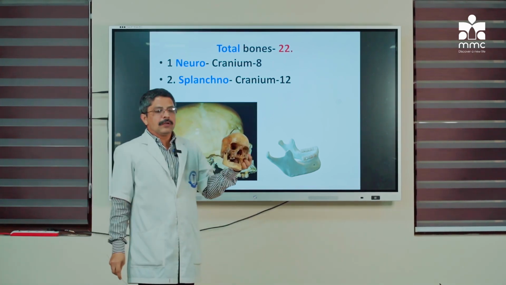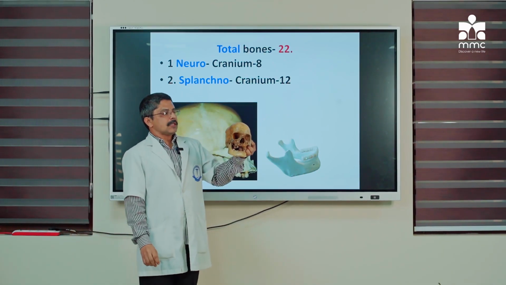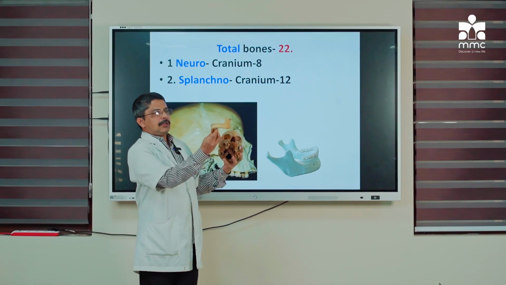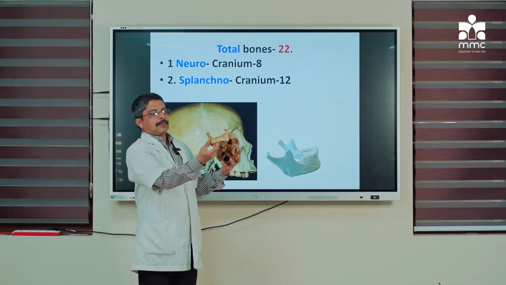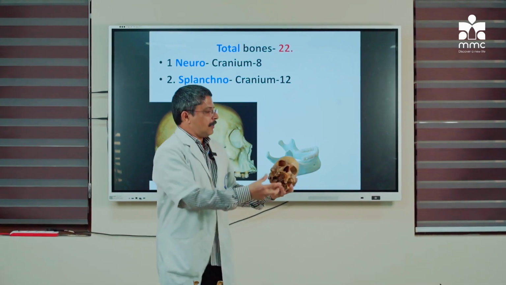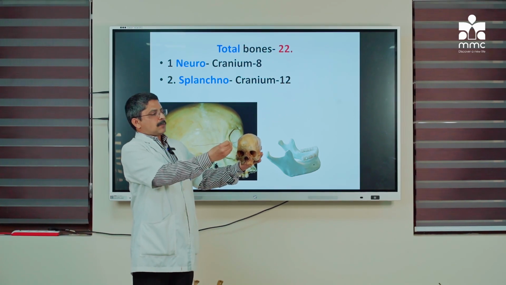And coming to the location of bones in the skull as well as their names. This is the individual bone called the mandible. So I will keep it inside. This is the bone called the frontal bone on the anterior aspect.